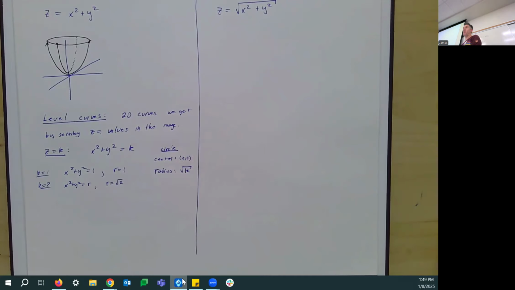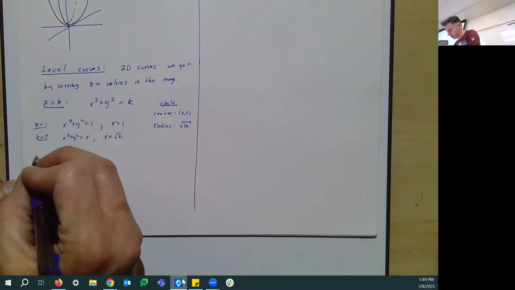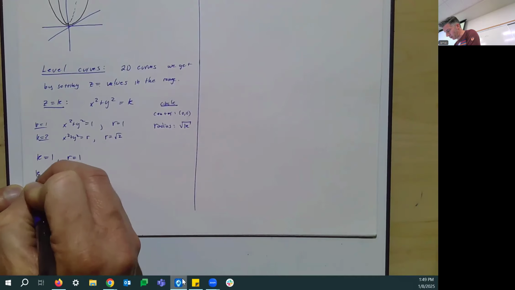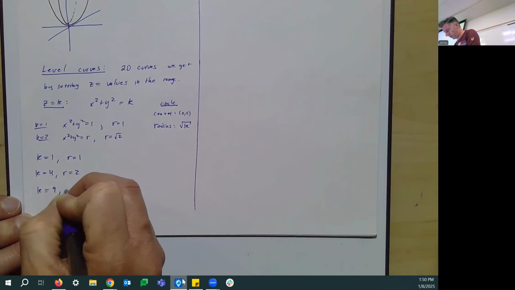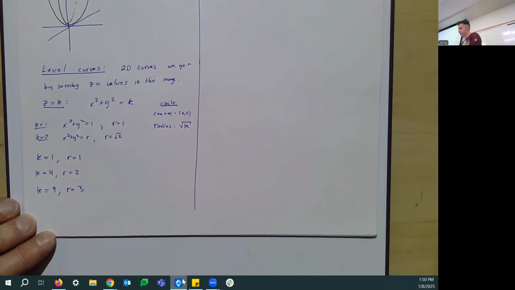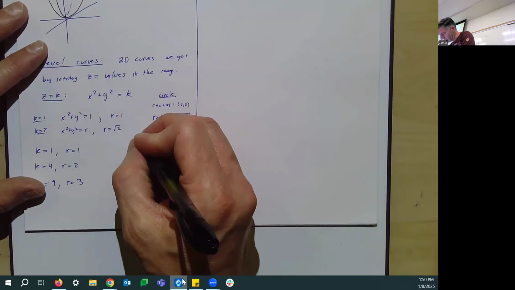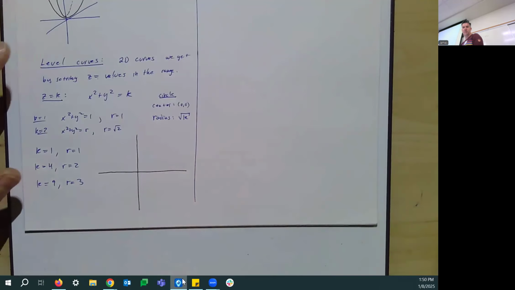Now I'm going to cherry pick some k values that make it easier for me to draw this. I'm going to pick k equal to 1 with a radius of 1, k equal to 4 with a radius of 2, k equal to 9 with a radius of 3. Depending on your drawing skills, it's a good time to use Desmos, really.